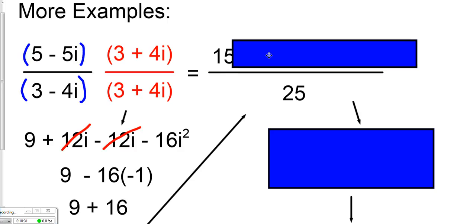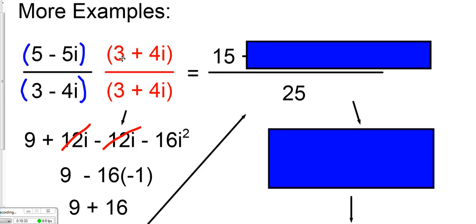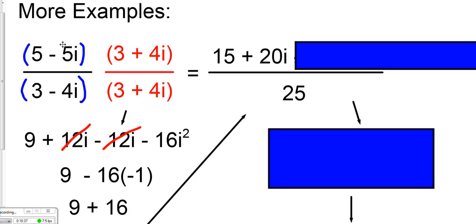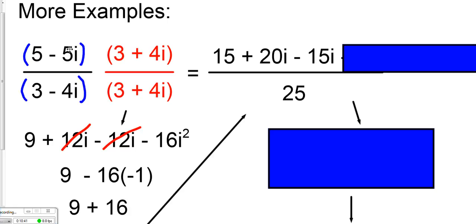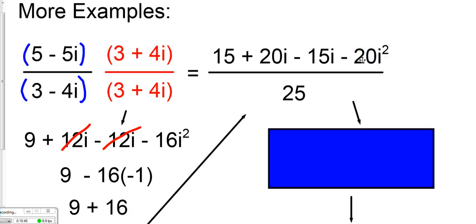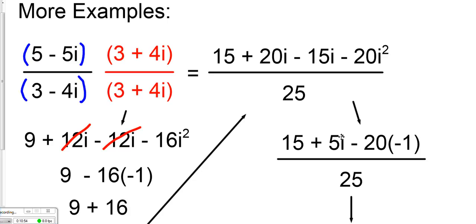Now we FOIL the top. 5 times 3 is 15. 5 times 4i is 20i. Negative 5i times 3 is negative 15i. And negative 5i times 4i is negative 20i squared. We combine these two i terms to make 5i, and this i squared becomes a negative 1.